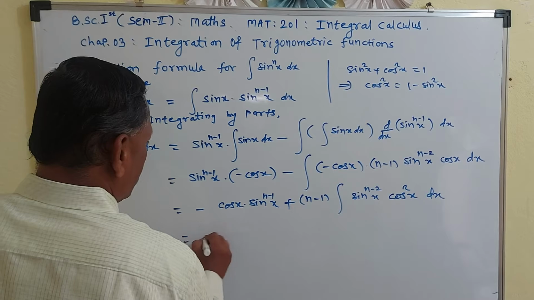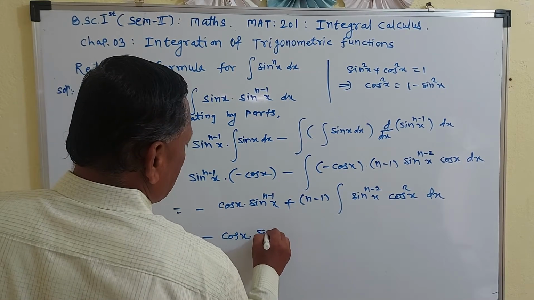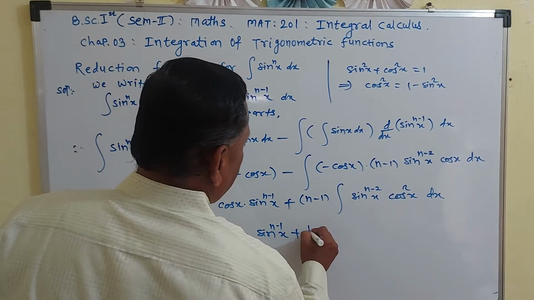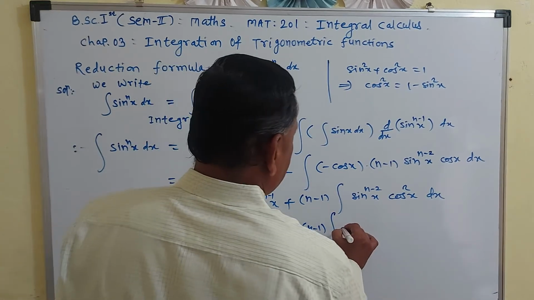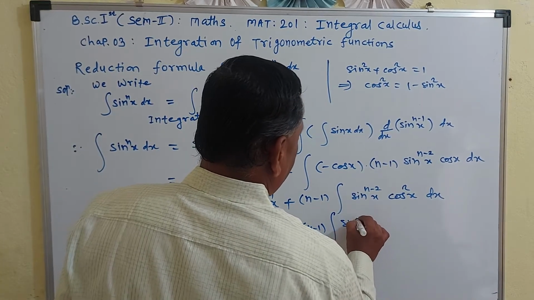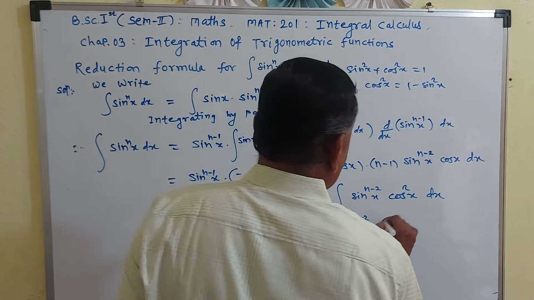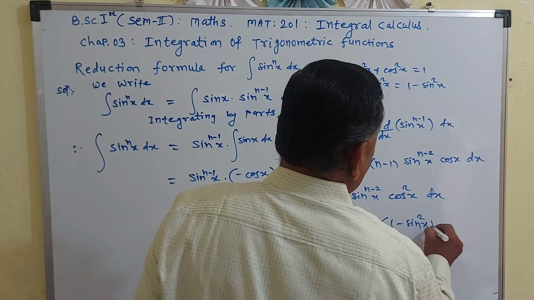So is equal to minus cos x into sin raised to n minus 1 x, then plus n minus 1 into integration of sin raised to n minus 2 x, and cos square x is 1 minus sin square x dx.